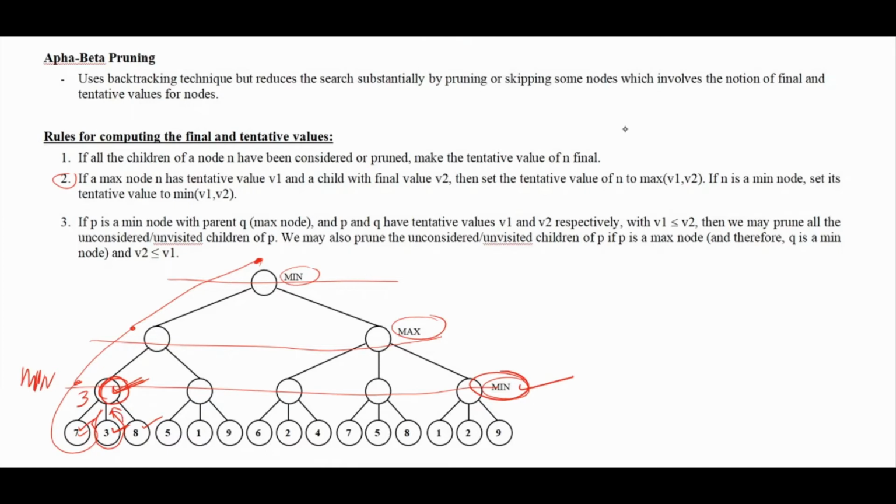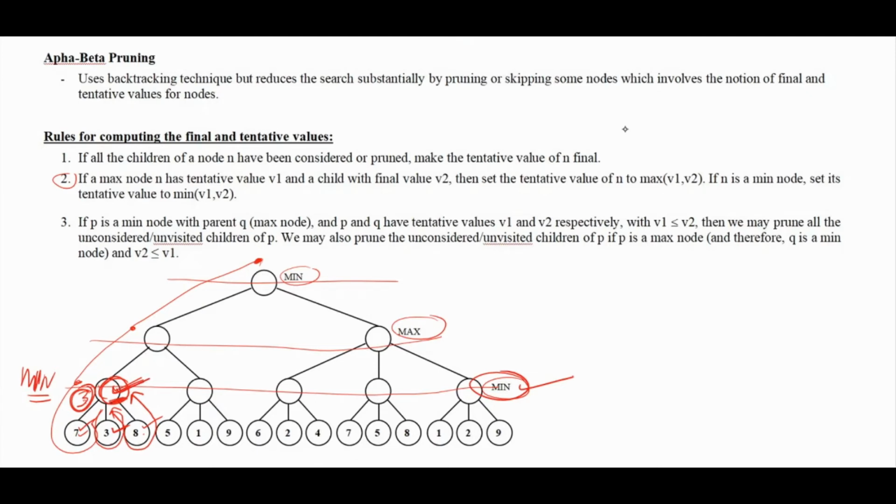And then we go down, visit this node, and we propagate its evaluation value, which is 8, to the parent node, and then update the tentative value of this node by getting, again, the minimum between 3 and 8. So the minimum of 3 and 8 is 3. So this is still the evaluation value of this parent node.